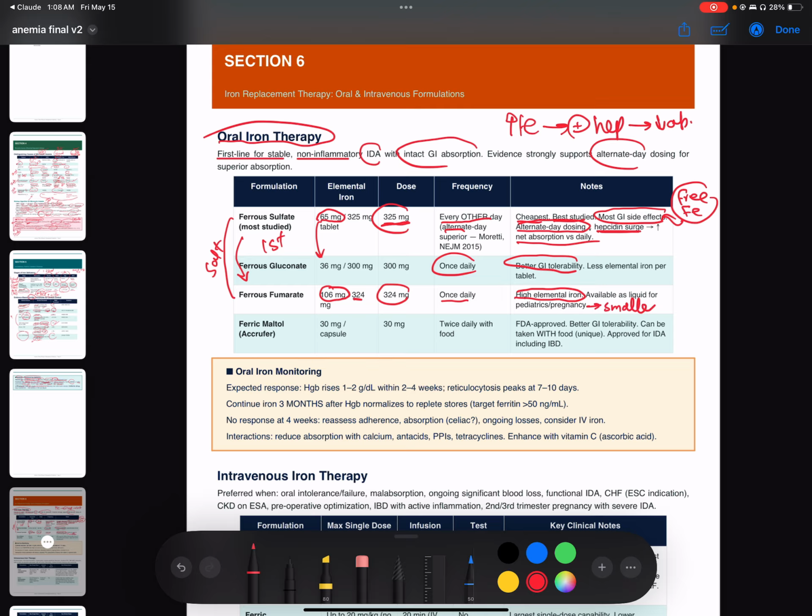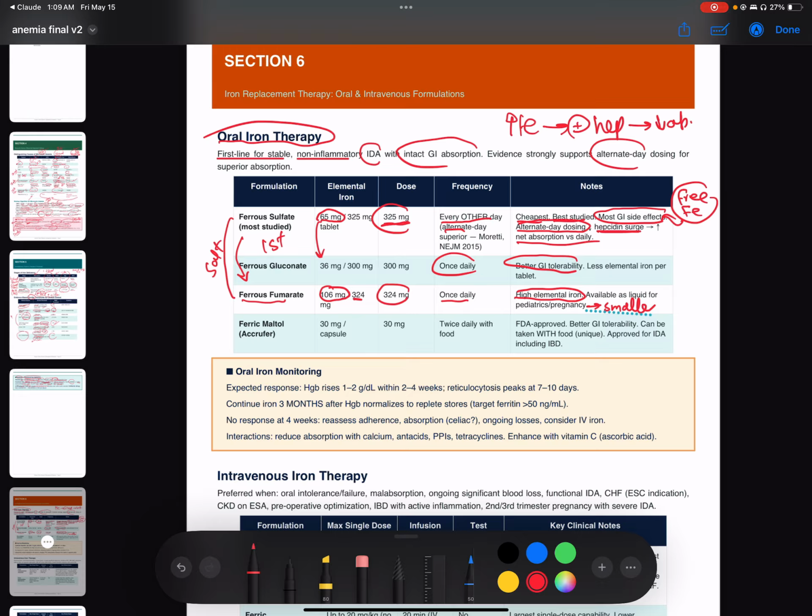In pregnant patients, they take a lot of vitamins, and the iron tablet is usually very big. So if you want to give them a smaller size or incorporate it in a multivitamin, ferrous fumarate gives a high dose of iron in a smaller pill.